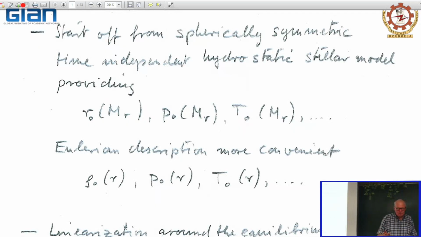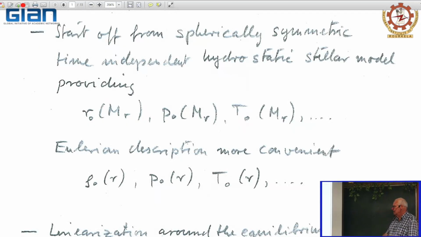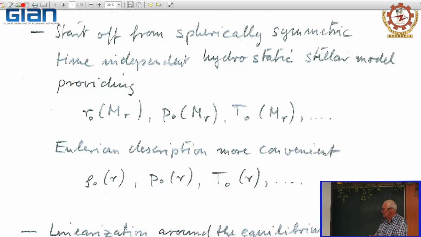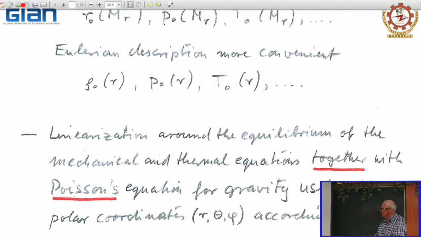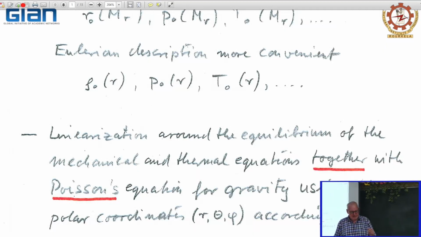And we'll follow the same procedure as for the radial case, namely we linearize our general equations around this equilibrium. That means we take the mechanical and thermal equations as before and do the linearization as done for the radial case. Now we have to consider, in addition to the thermal and the mechanical equations, also Poisson's equation for the gravity.